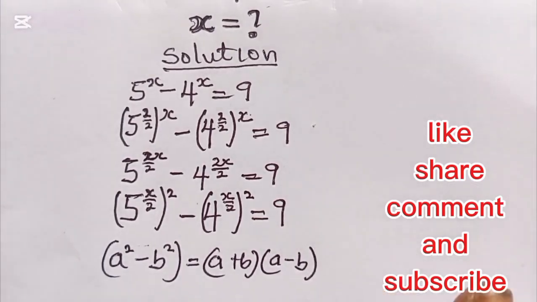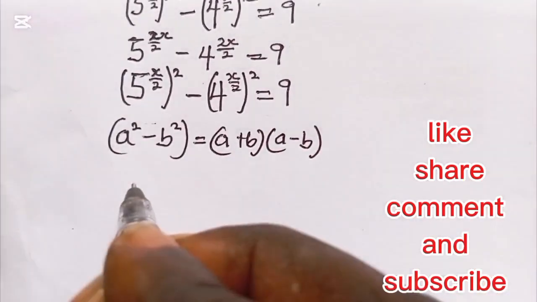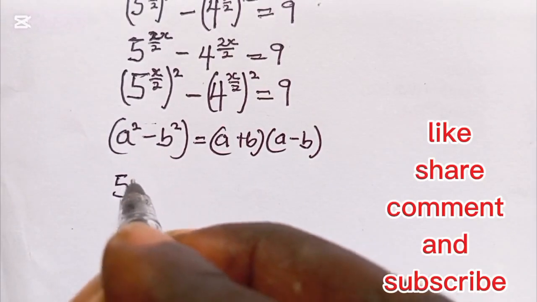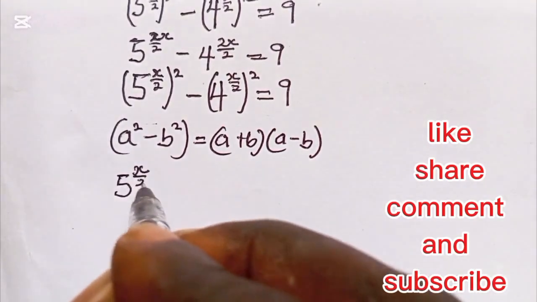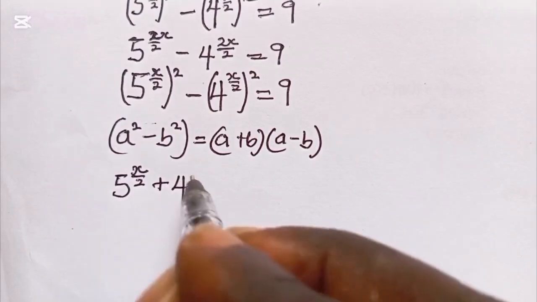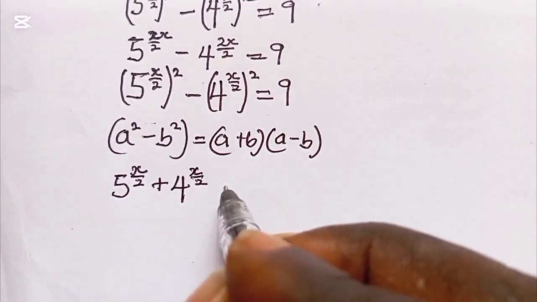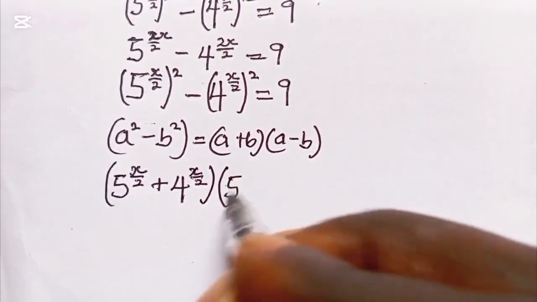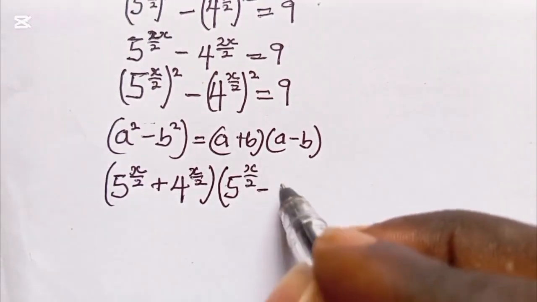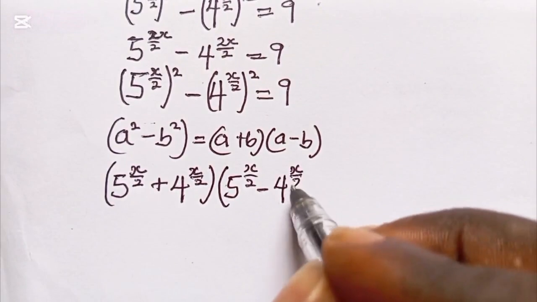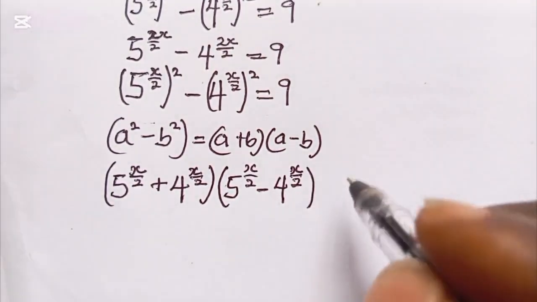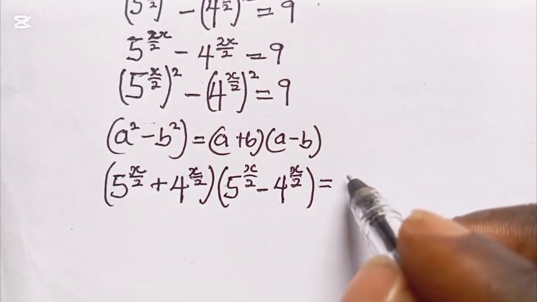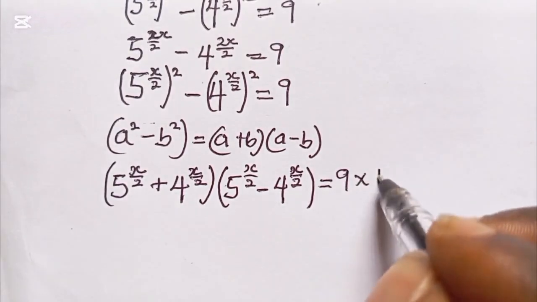Okay, so if we apply that now, we have 5 raised to the power of x divided by 2 plus 4 raised to the power of x divided by 2. We now multiply 5 raised to the power of x divided by 2 minus 4 raised to the power of x divided by 2. Everything is equal to, we can write 9 as 9 times 1.